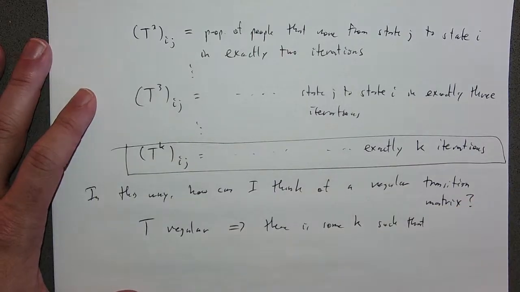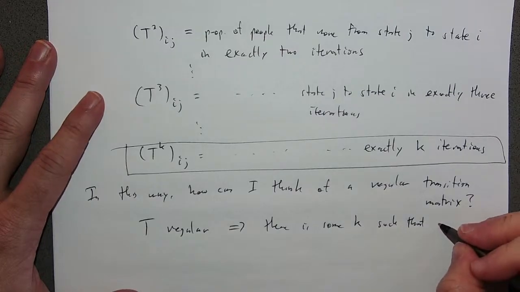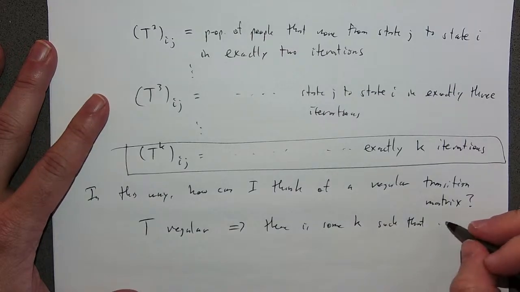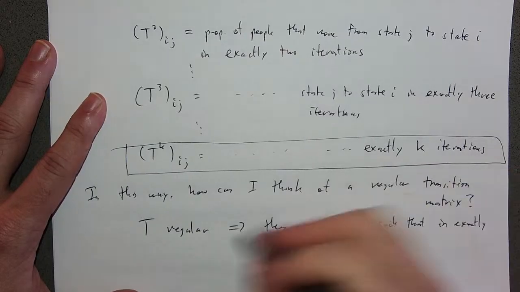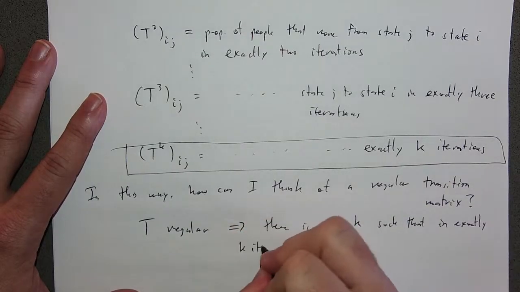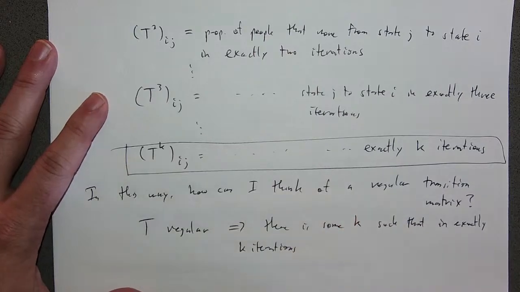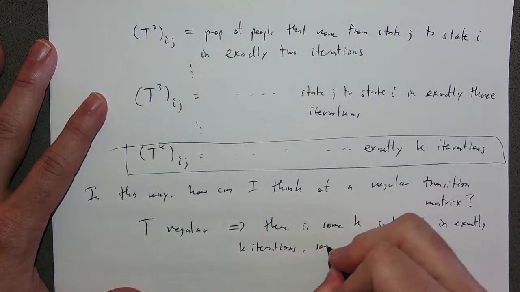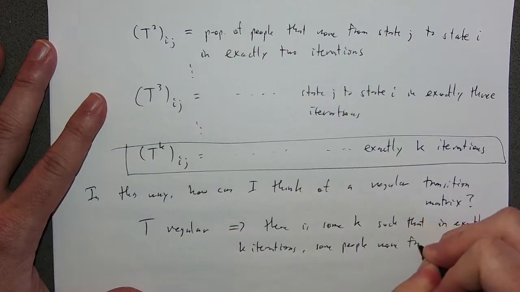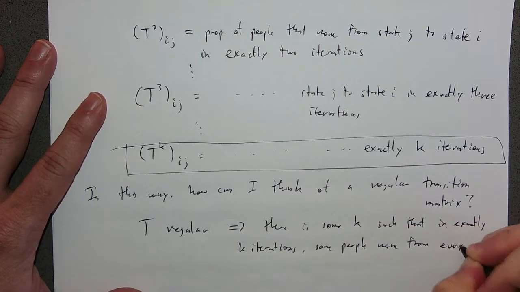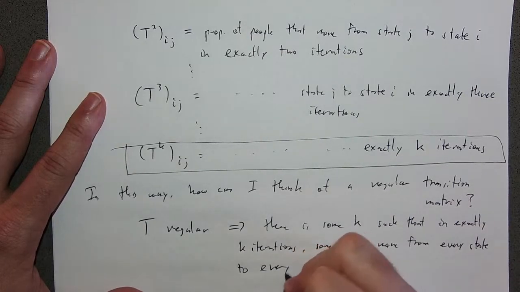So there is some k such that in exactly k iterations, some people move from every state to every other state.